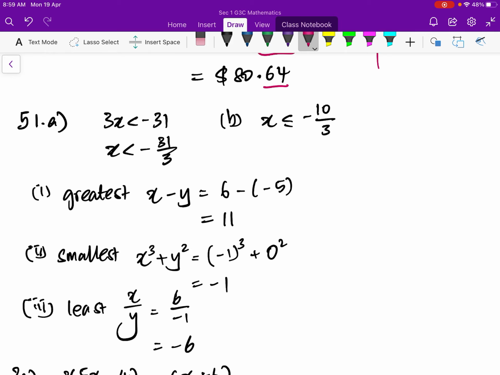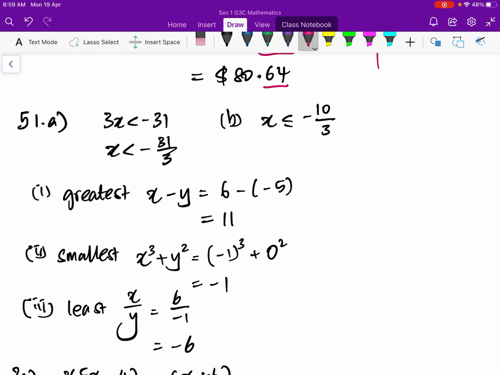So you treat your solving of inequalities like your solving of equations. It's the same, except when you multiply or divide by a negative number, then the sign changes. Otherwise, everything is the same. So you divide, and you get x less than negative 31 over 3. And that is the solution.